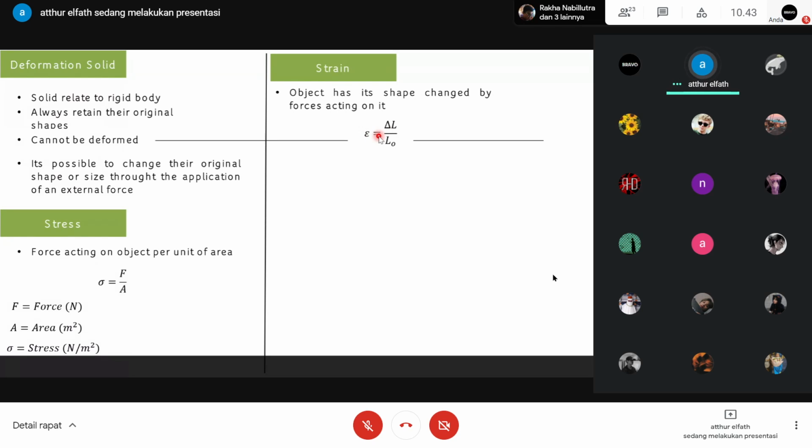Before I call you, you can answer my question directly. I told you, once again, delta L means change of length, and L0 means original length. So from this magnitude, what is the unit of strain?